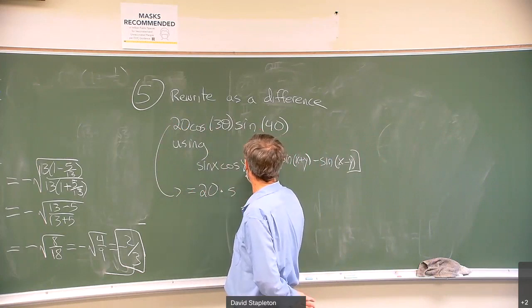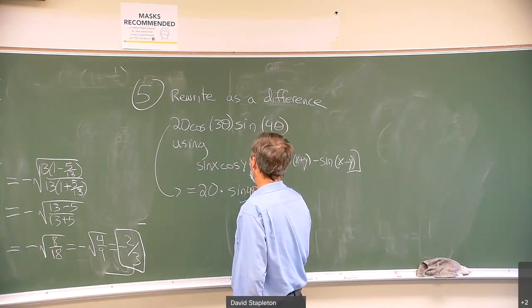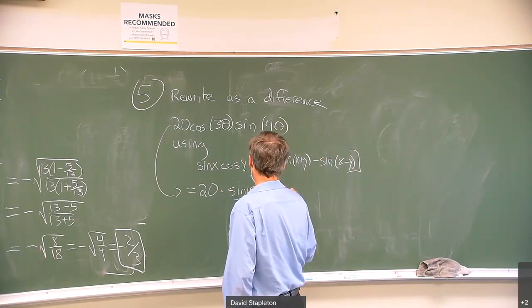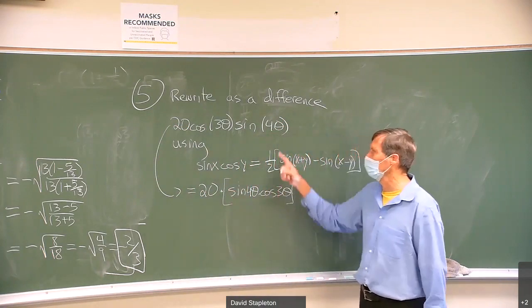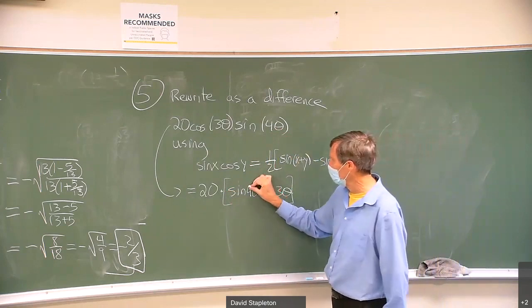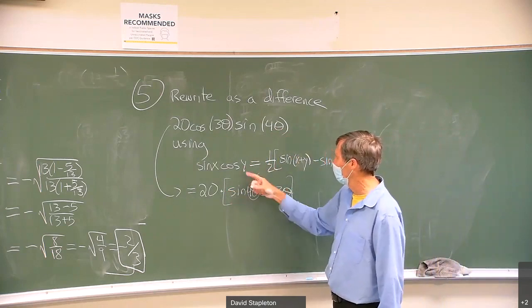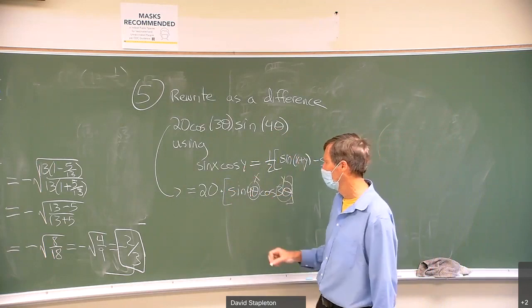So 20 times sine 4 theta cosine 3 theta. Let's put parentheses to break these out. But now sine of x, if I let x be 4 theta, times cosine of y, if I let y be 3 theta, is just substitution.